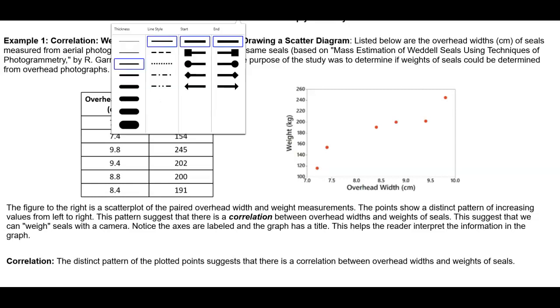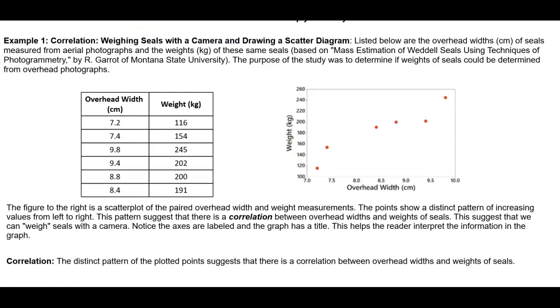In this scenario, the first ordered pair represents 7.2 and 116. Then this next point is 7.4 and 154. The next one is 8.4 and 191, so this ordered pair is 8.4 and 191.